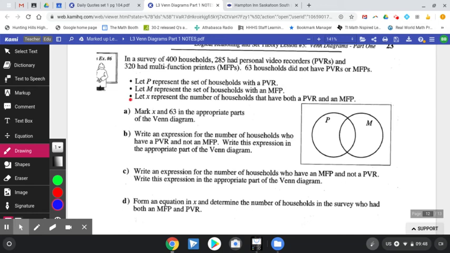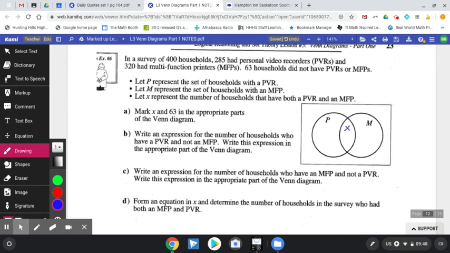All right, so here's where it starts off with the steps of how to make the diagram. Let X represent the number of households that have a PVR and an MFP. So we'll go through the steps. We've done these steps before and we'll give them a try right now. So we've got X in the center.